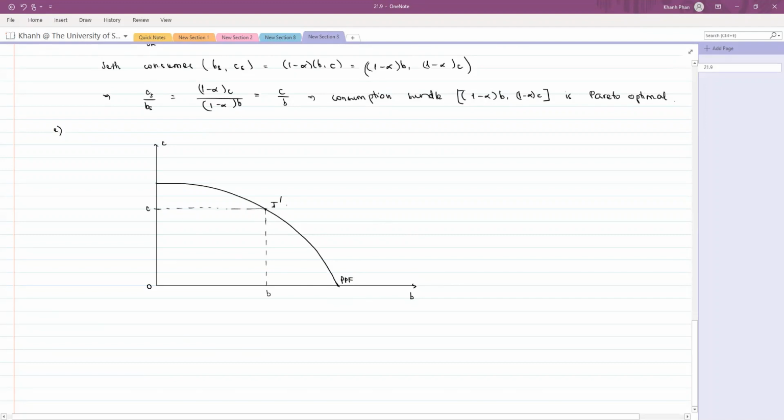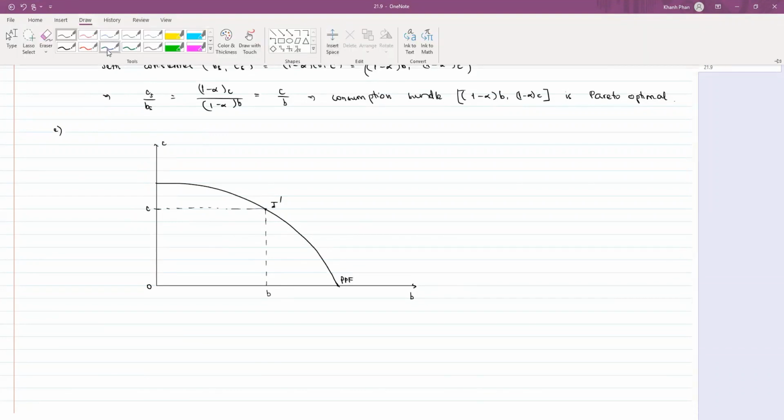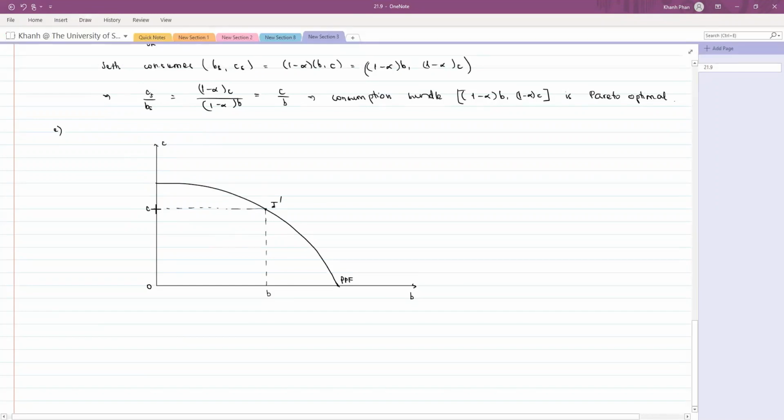So this point J dash on the production possibility frontier specifies the total amount of B and C available in the market, and therefore my Edgeworth box is just the box covered by these two B and C amounts.